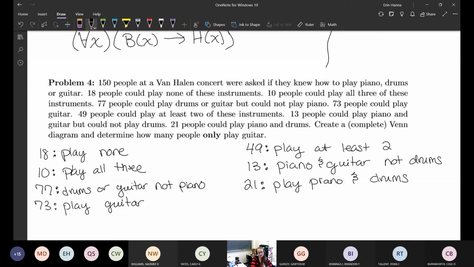And we want to draw a Venn diagram to represent all of that material, and then figure out how many people only play guitar.